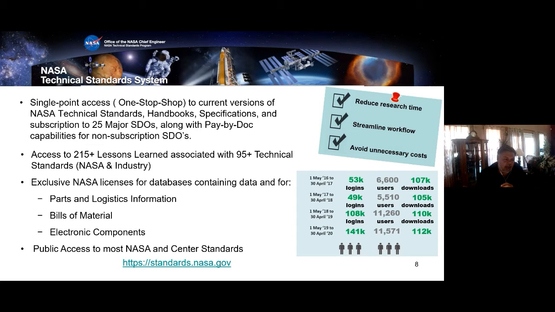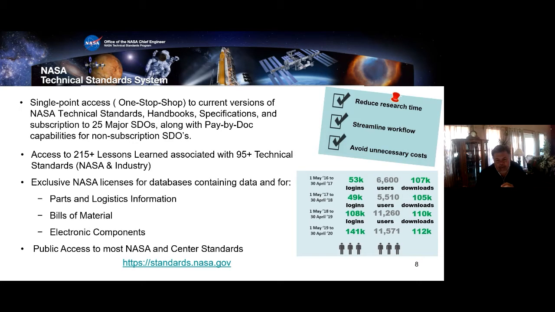We also have access to a lot of the other databases like parts, logistics, bill of materials. All NASA standards are publicly accessible, and you can download them and use them as you wish. On the right side, it just gives you an idea of the volume of how many standards are being used annually.